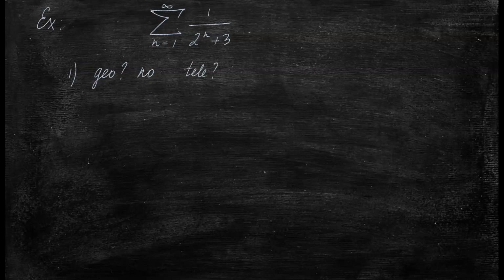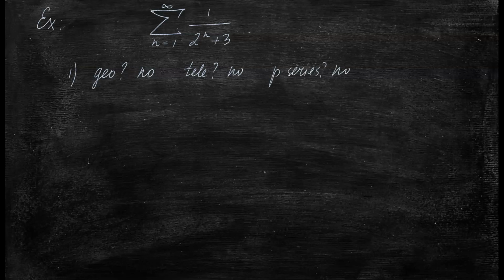So let's go ahead and do a couple examples. Let's consider the following series. And as always, I'm going to start from scratch. Is this a geometric series? No. Is this a telescoping series? No. Is this a P series?